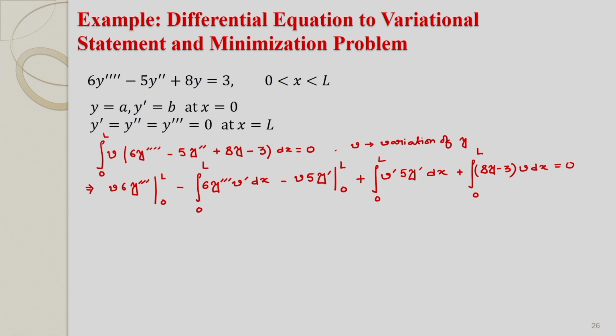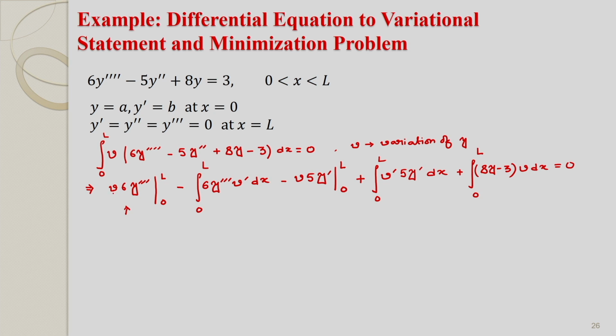Now, let us see the boundary term first. For this boundary term, our y is prescribed at x equal to 0, y is a.